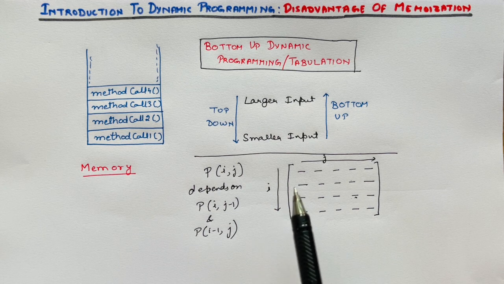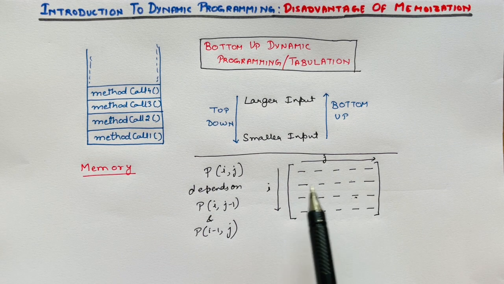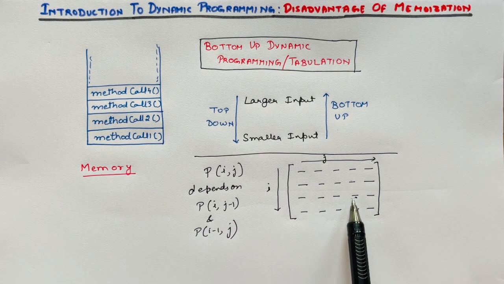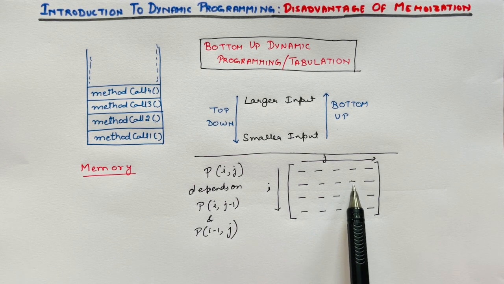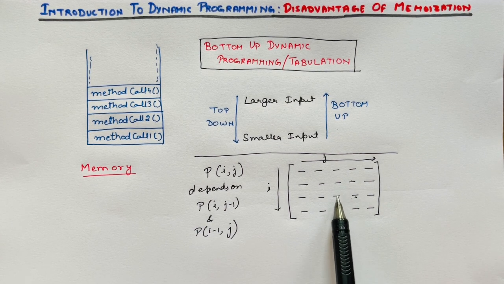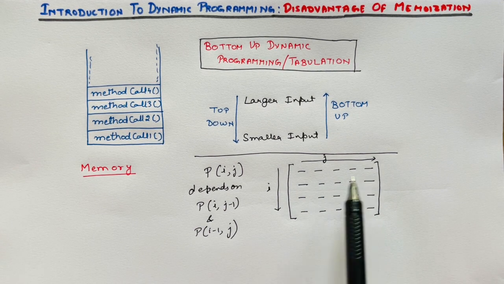Now we will fill up this matrix row by row. Why row by row? Because consider if this element is your (i, j), then it is dependent on (i, j-1) and (i-1, j). So before we fill the value for this element, these two should be filled. So we will fill this matrix row by row.